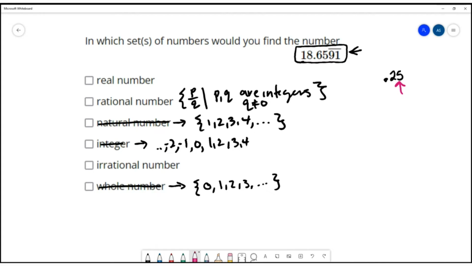Because that 5 is in the hundredths place, we can write this number as 25 over 100. So that decimal can be written in fraction form, and that means it would be a rational number. When you have a repeating decimal, because it has a pattern in it, that can also be written as a fraction.